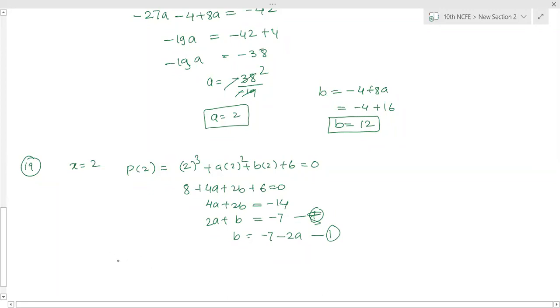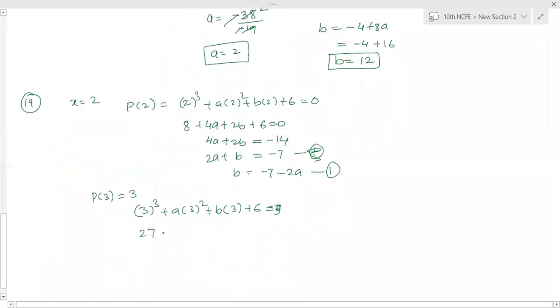And then the second one is p of 3, that is equal to 3. They have given that it leaves the remainder 3. So 3 cube plus a into 3 square plus b into 3 plus 6 is equal to 3.